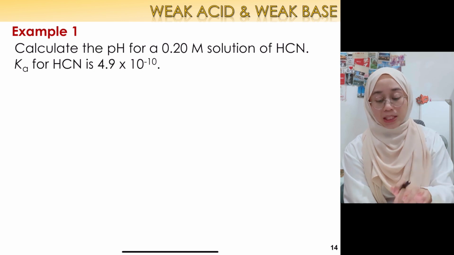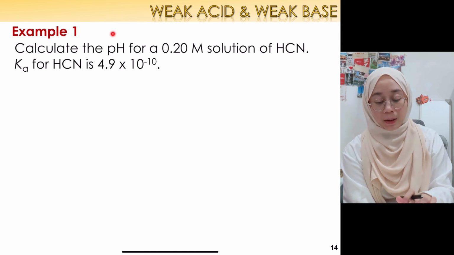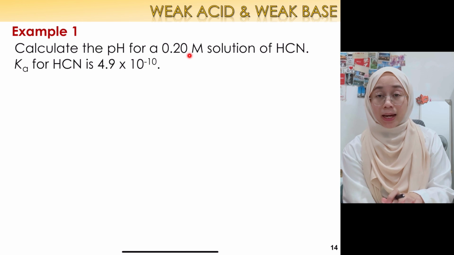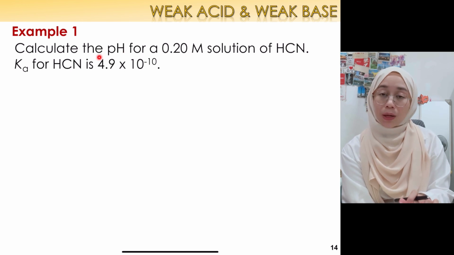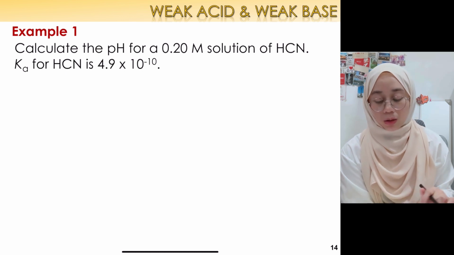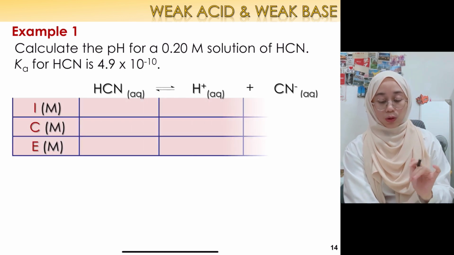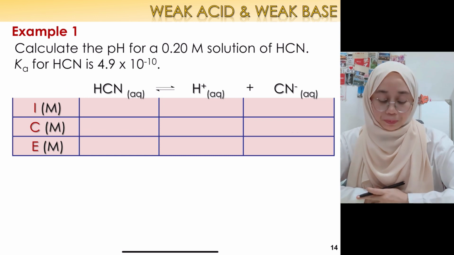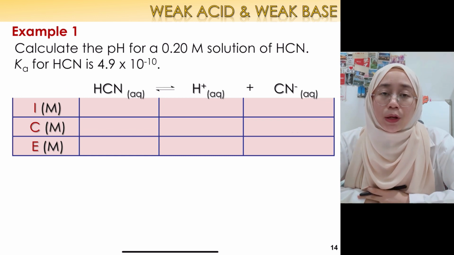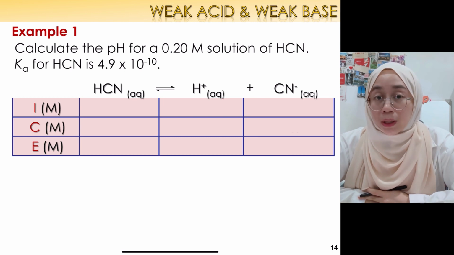Okay, so can we simply guna apa concentration of HCN untuk cari concentration of H plus then untuk dapatkan pH? No, tak boleh. So we need to solve this by using the ice table. Okay, so kita tulis kat sini. So kadang-kadang kelas equation tu dia tak bagi pun. So untuk soalan dalam topik ni, it is very important for you to know how to write equation.